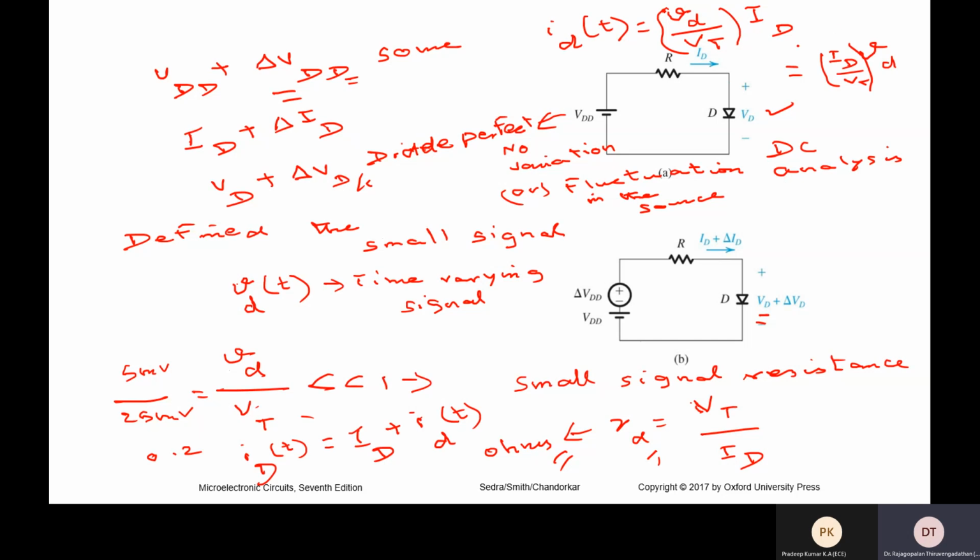Remember this fact that this ID is constant because it is a DC source. DC is supposed to be the DC value, which is constant. Thermal voltage we know at the operating temperature, so we can calculate kT by e. So we can calculate the small signal conductance, and the inverse of that small signal conductance is going to be the small signal resistance, right?